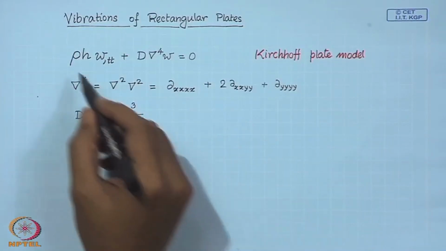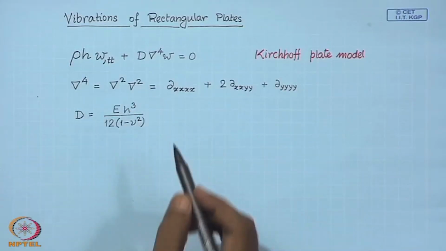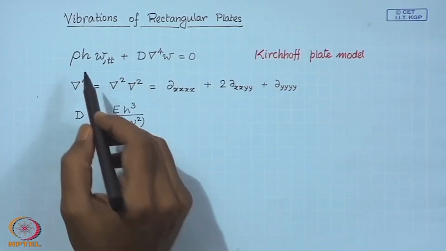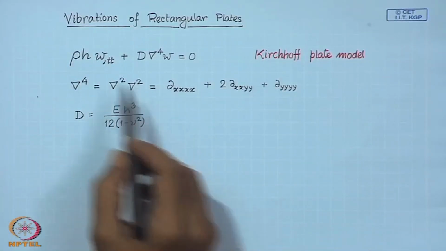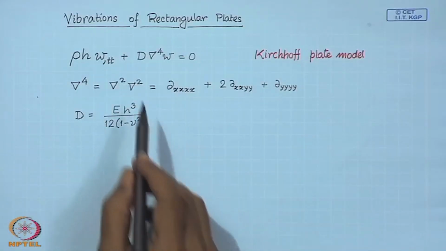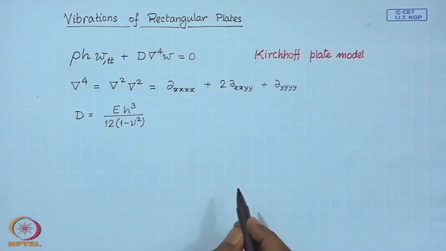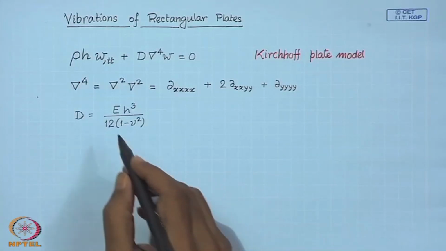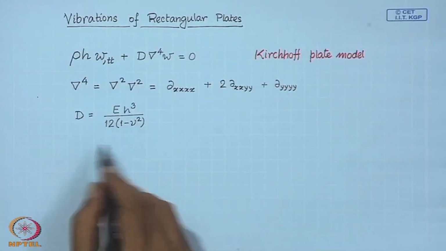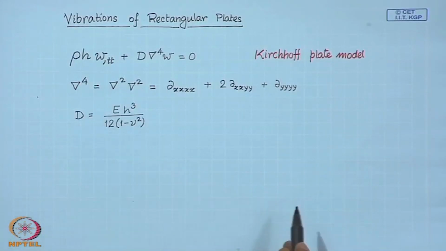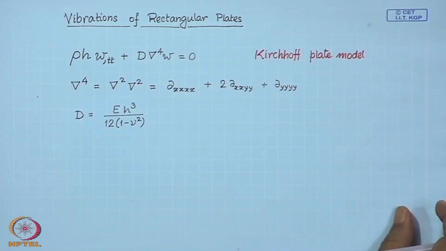So, here of course, rho is the density of the material of the plate. So, this is a Kirchhoff plate model for a plate with constant thickness. Now, along with this we will have of course, the boundary conditions which we will look at as we proceed.